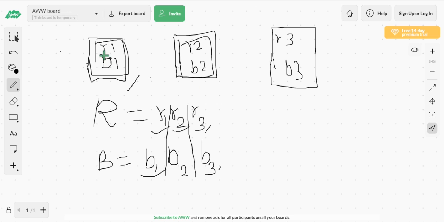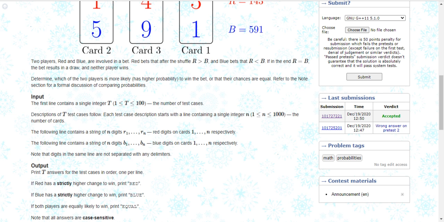If the number of cards on which the red integer is greater than the blue integer is equal to the number of cards on which the blue integer is greater than the red integer, then there will be a tie, and both have equal probability of winning. So this is the basic concept.